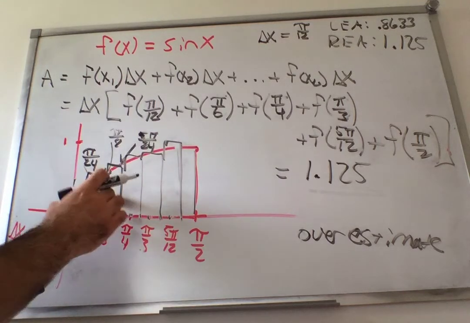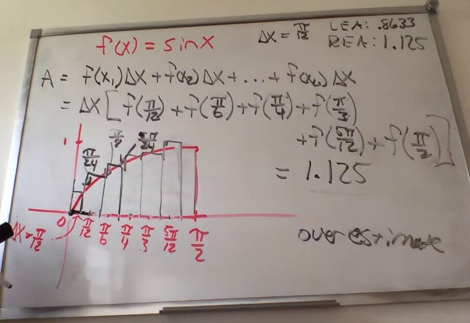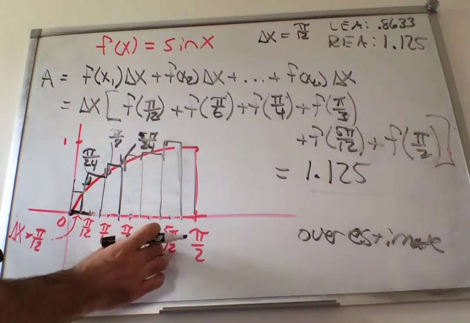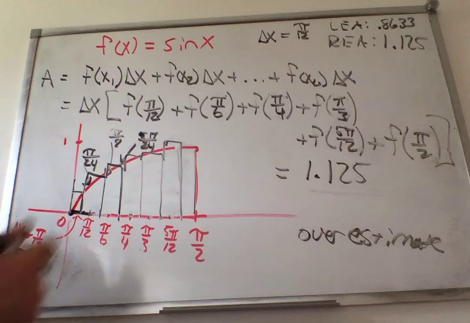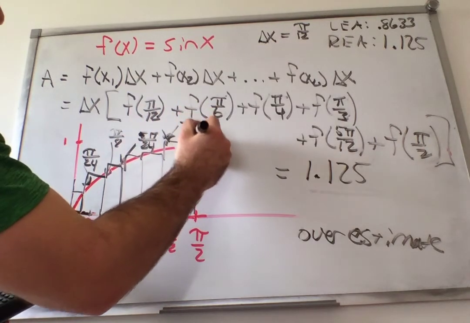Let's see, 1, 2, 3, 4, 5, 6. All right, so you just keep doing it. Finding the next midpoint would be pi over 3. So you do 1/3 plus 1/4 divided by 2. It gives you 7 pi over 24.